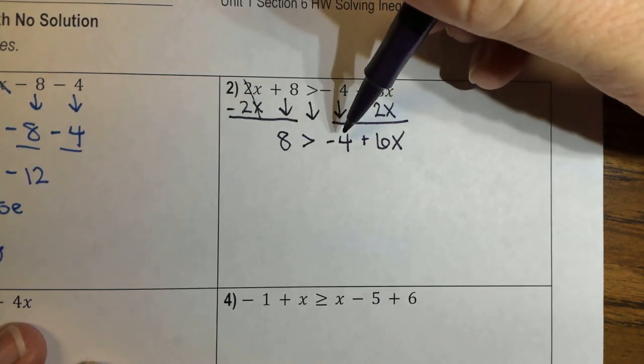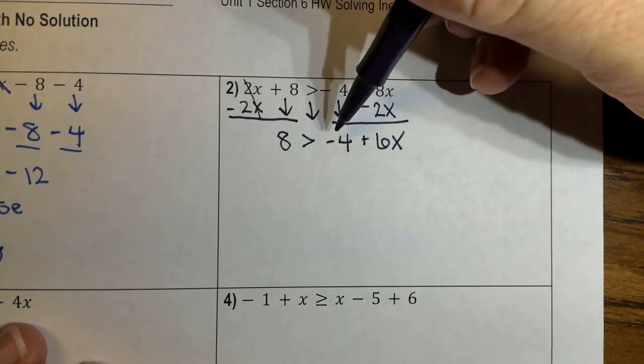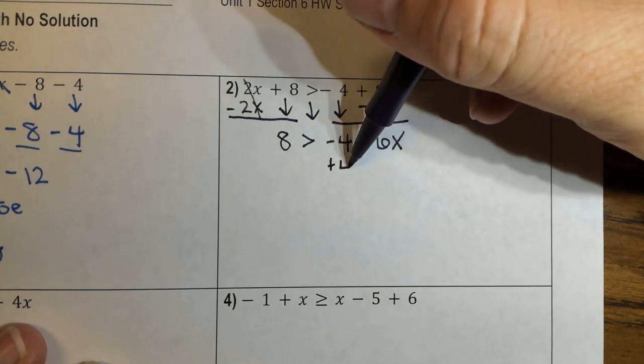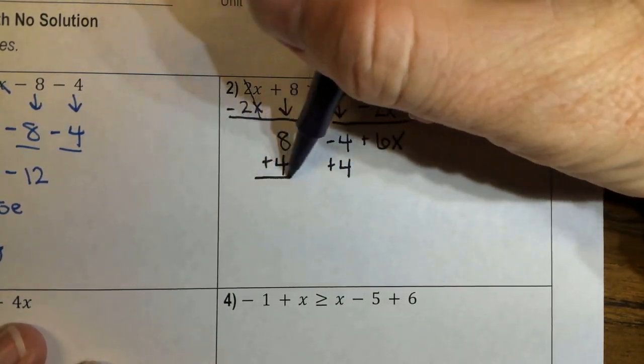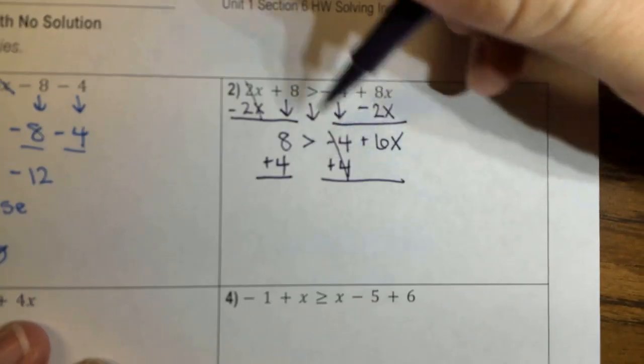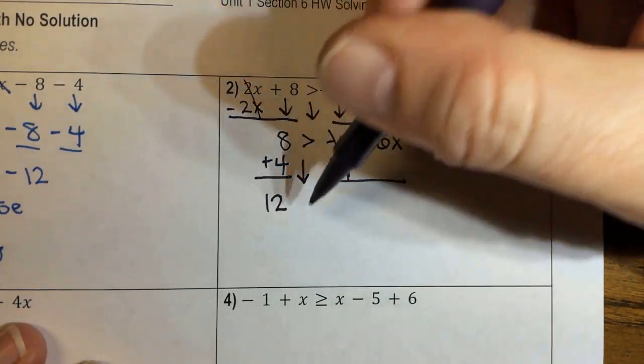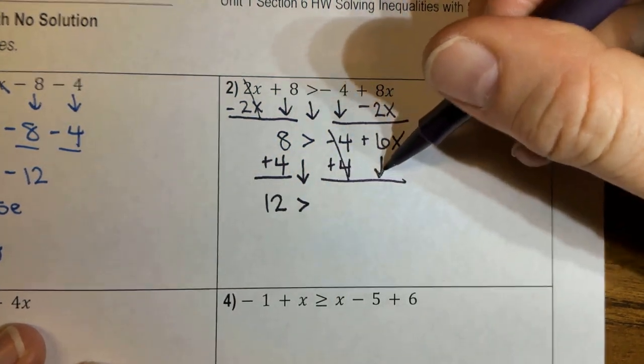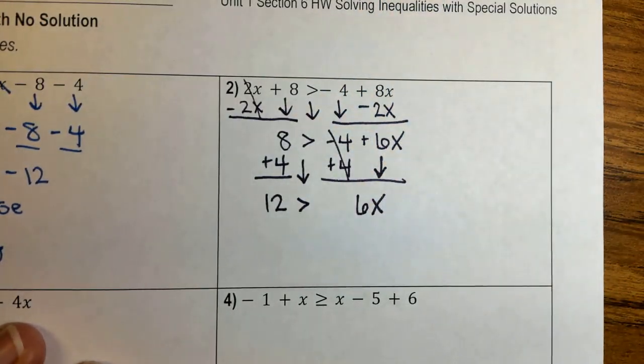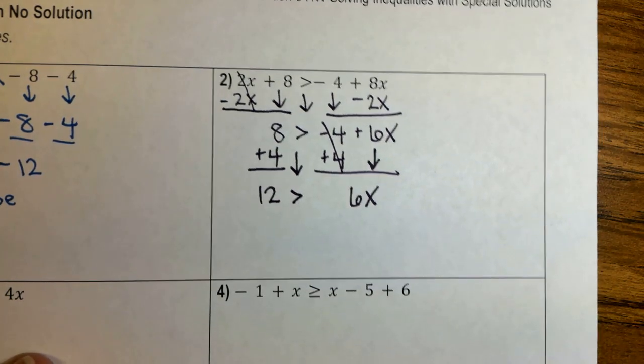Okay, now I want to move my number away from x. So because it's minus 4, I will do plus 4 on both sides. 8 plus 4 is 12. That did not change, and my 6x doesn't change either. Okay, last step is divide.